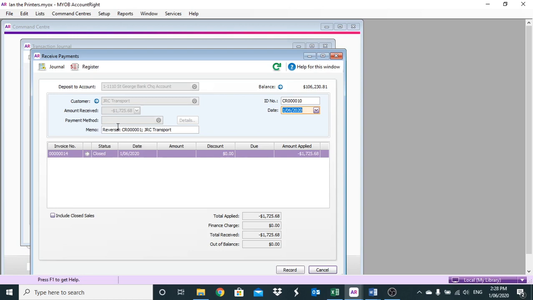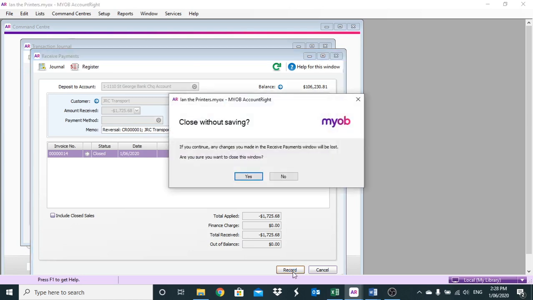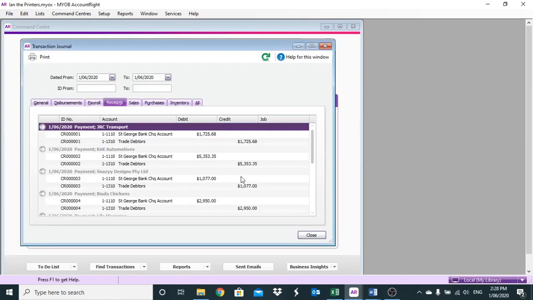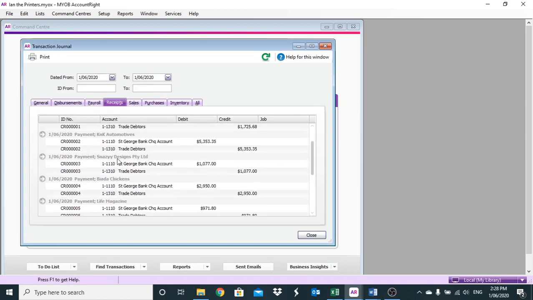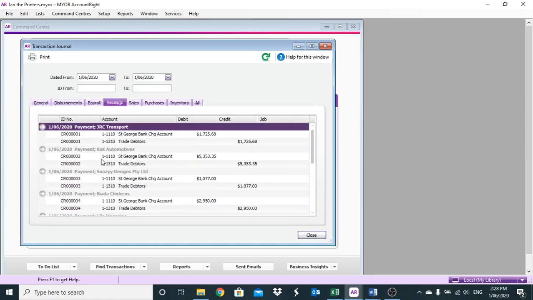It's created the reversal and a credit. I'm going to record that. Yes, that's fine. Okay, so now what we'll see is another invoice that's been created for the reversal.